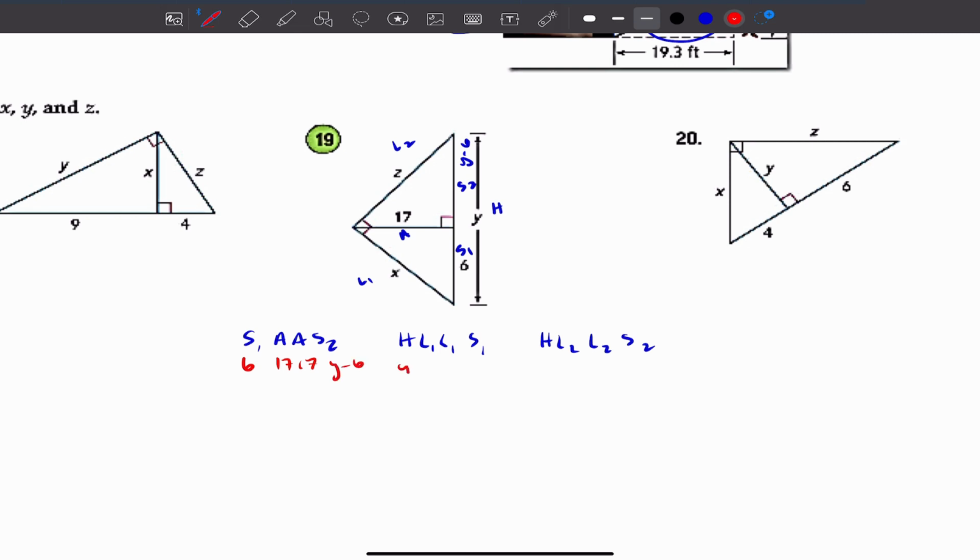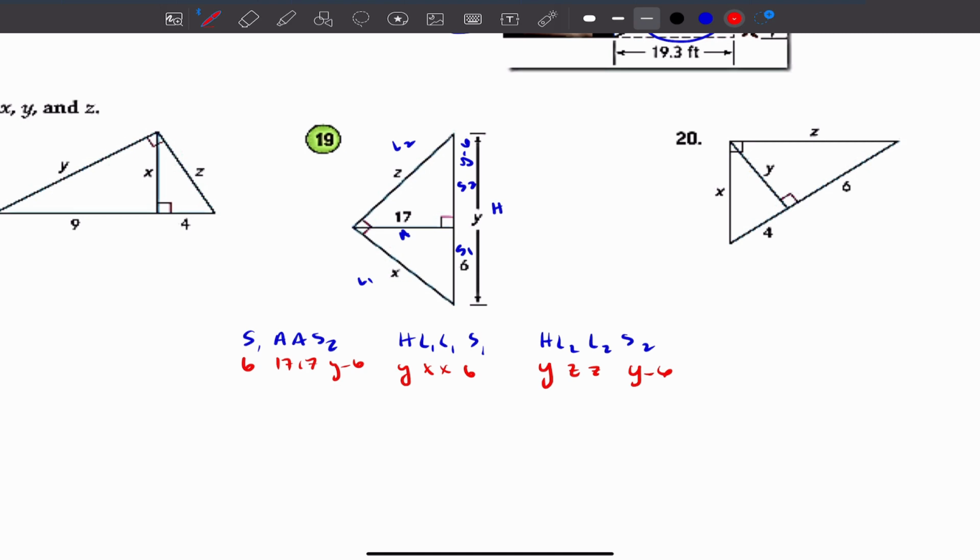The hypotenuse is y, leg 1 is x, segment 1 is 6, the hypotenuse again is y, leg 2 is z, and segment 2 is y minus 6.